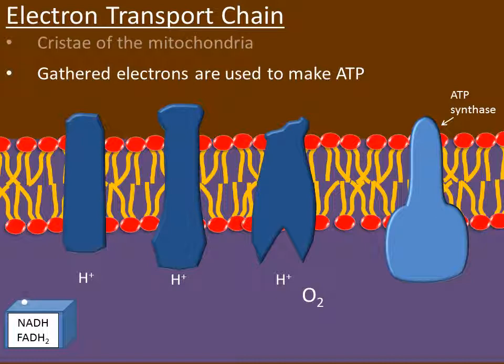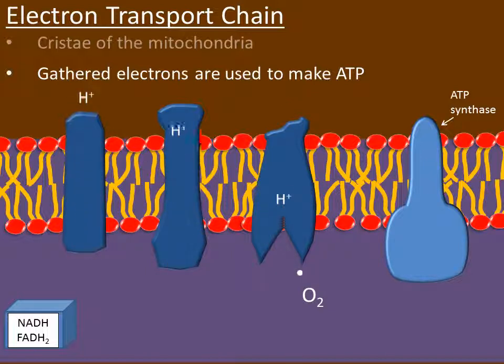In the process, that is going to pump these hydrogen ions outside into the intermembrane space between the 2 membranes of the mitochondria. So what you see here is this pumping action. We're using the energy from the electron being transferred to pump this hydrogen out.